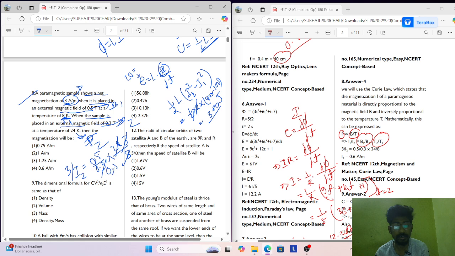So I2 will be equal to 3 by 5, which equals 0.6 ampere per meter. Therefore option number 4 will be your correct option.